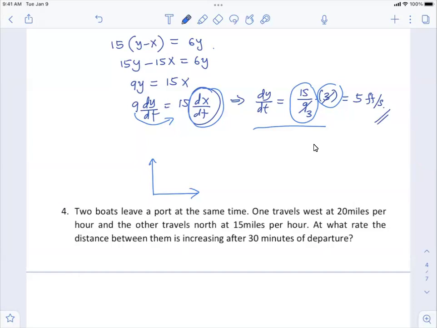At the end of the day, you need to figure out the rate of change of the distance between them, right? In other words, it's asking you to find the relative speed between these two boats. What is the relative speed? Relative speed simply means if you observe one boat from the other, how fast the other boat is moving away from your boat. That's exactly the relative speed.